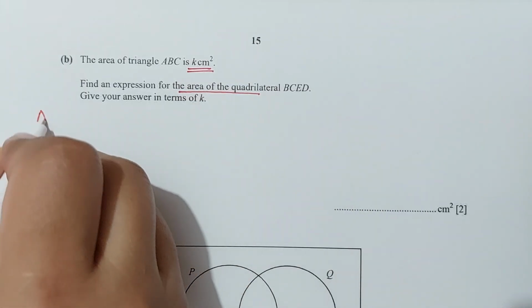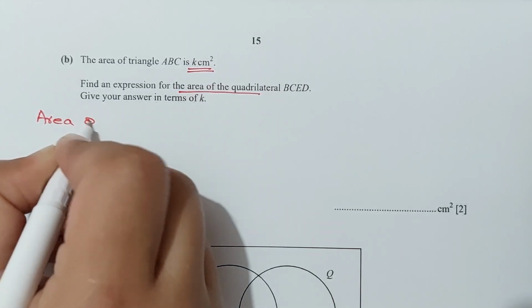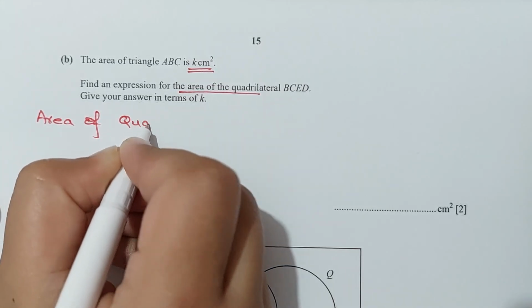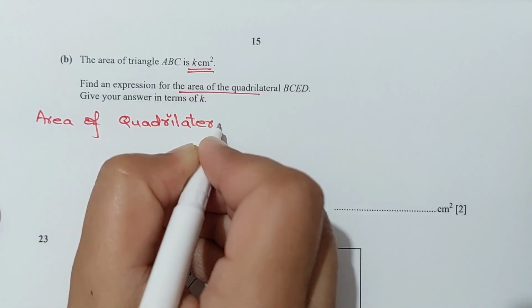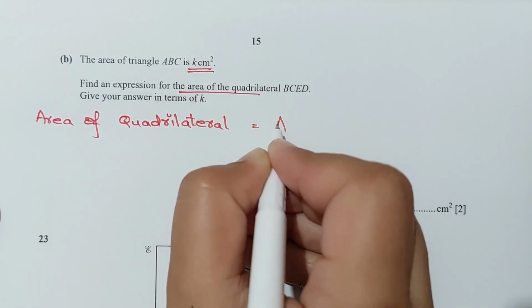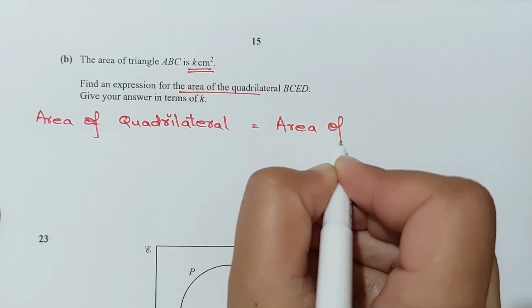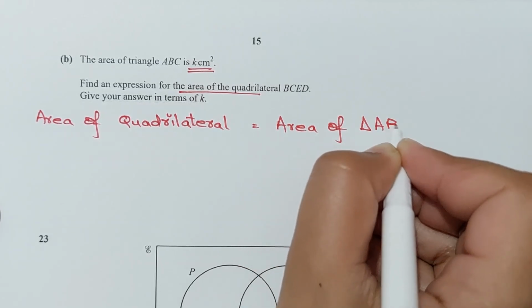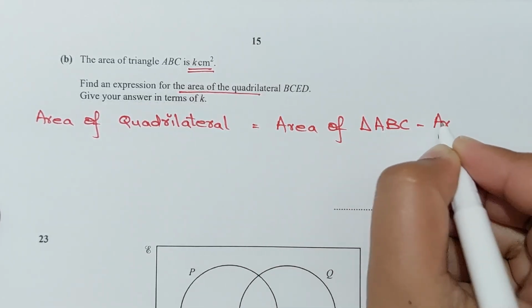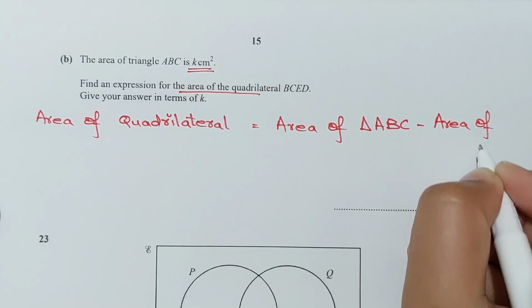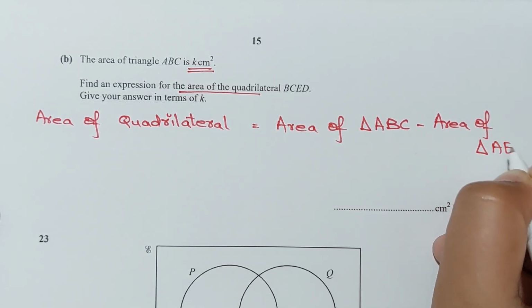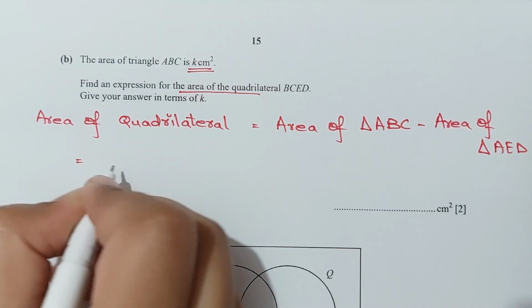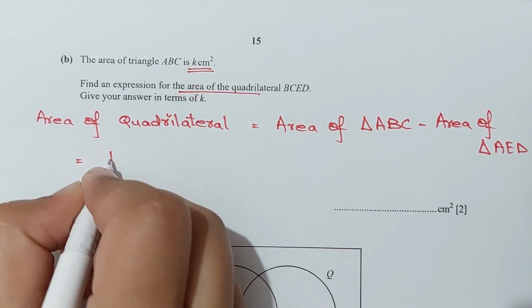So the area of the quadrilateral is equal to the area of triangle ABC minus the area of triangle AED. The area of ABC is k.